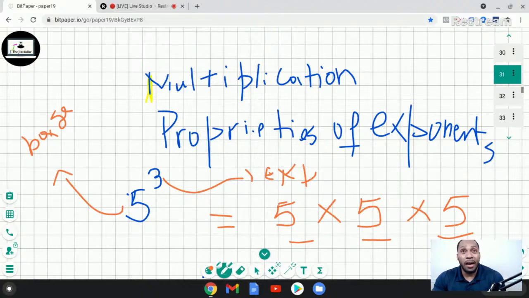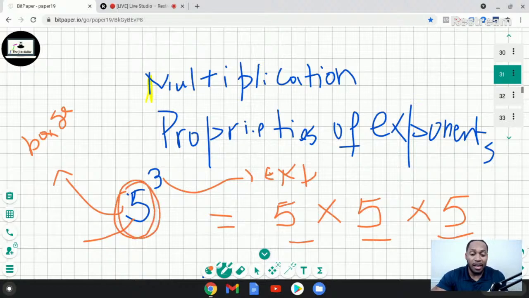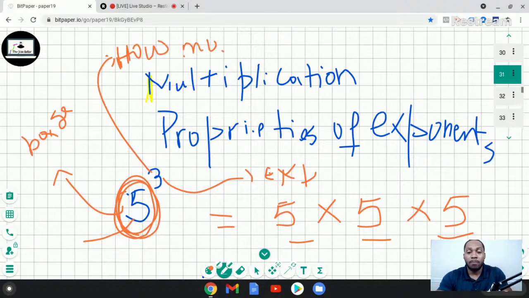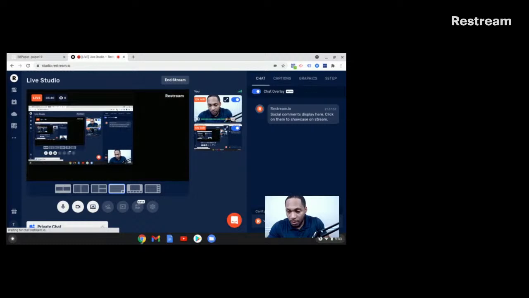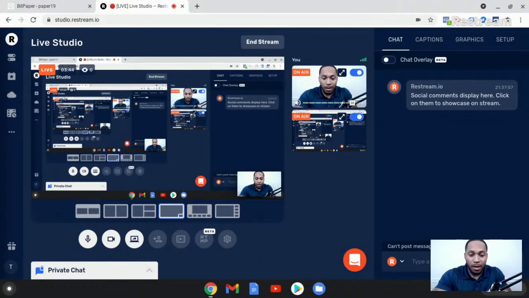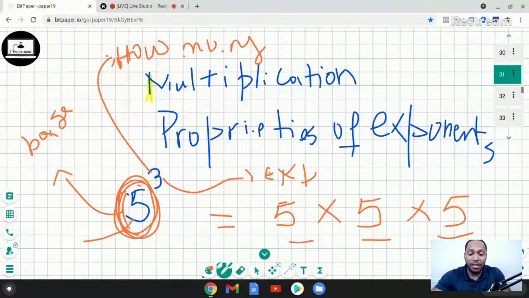Every time we have something raised to a certain power, the 5 tells me this is the number that I'm going to multiply by itself, and the exponent tells me how many times I need to multiply this number by itself. The 5 tells me this is the number I'm dealing with. The 3 tells me how many times I need to multiply that 5 by itself.